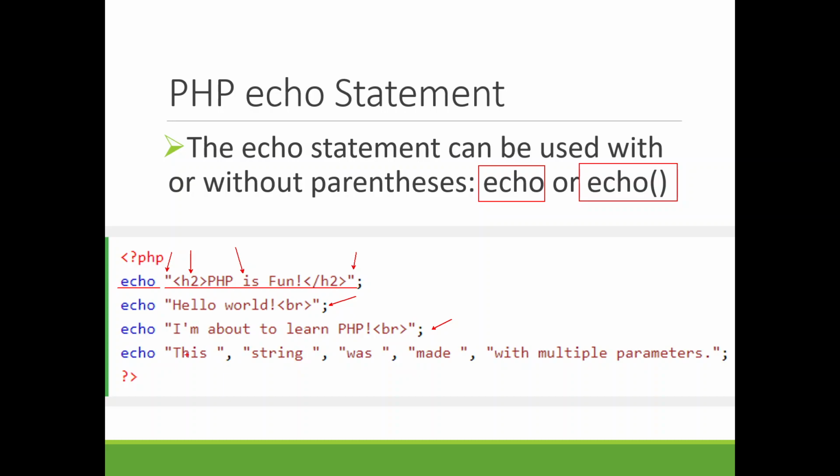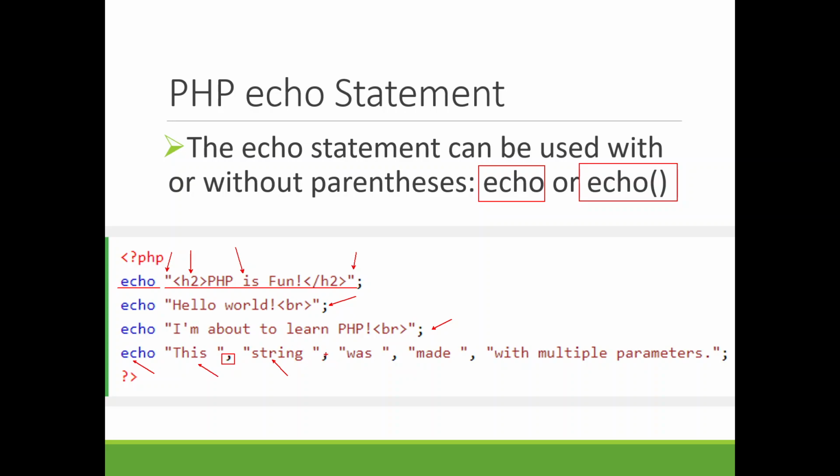And you remember, we said that the echo statement can take in multiple parameters. So as you know, when you learned about functions in C and C++, when we want to pass several parameters to a particular function, we normally separate them with commas. So here really, we are simply passing this string as the first argument or parameter.